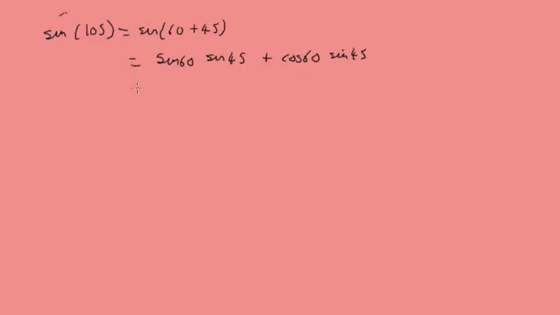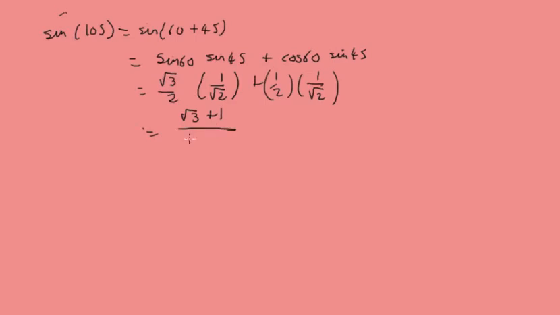Now we know these from previously, so the sine of 60 is root 3 over 2, sine of 45 is 1 over root 2, plus a half for cosine 60 multiplied by 1 over root 2 for sine of 45. So this will then give us root 3 plus 1 over 2 root 2, and we can't simplify that any further.